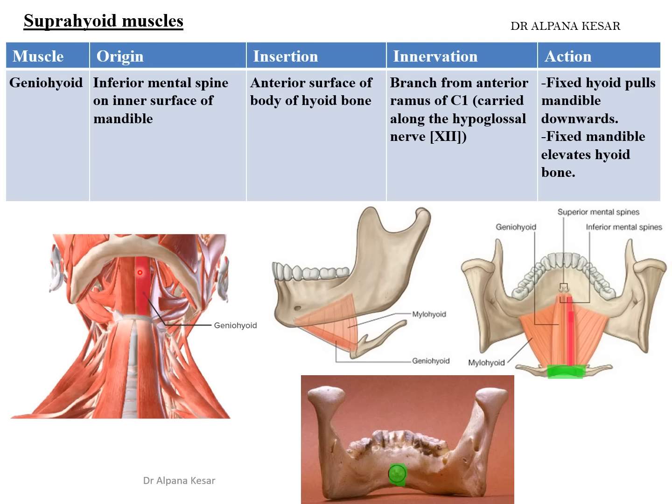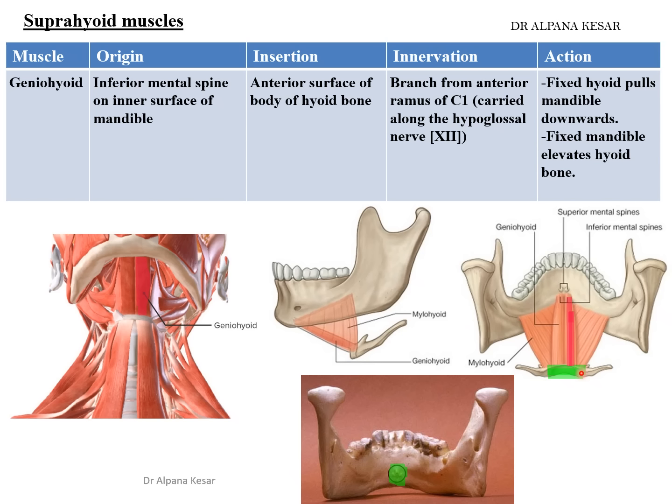Geniohyoid is a ribbon-shaped muscle. Its origin is from the inferior genial tubercles present on the inner surface of the body of the mandible. Insertion is into the body of the hyoid bone.